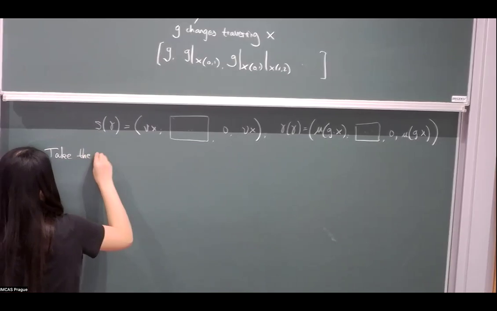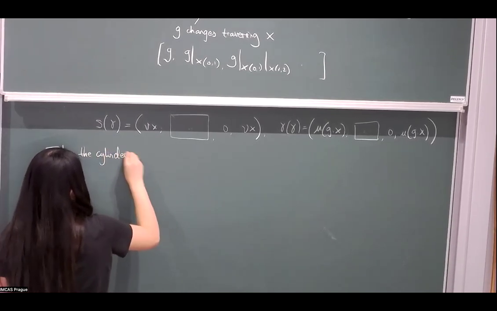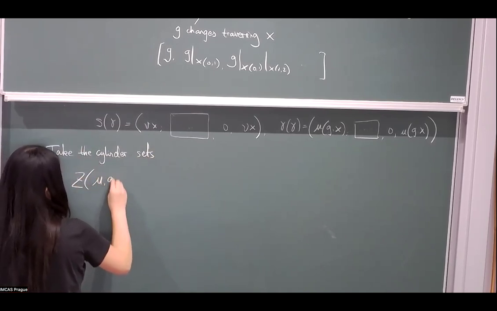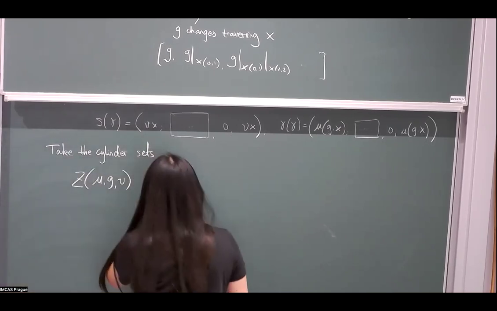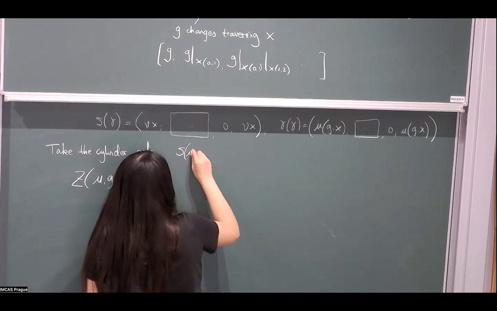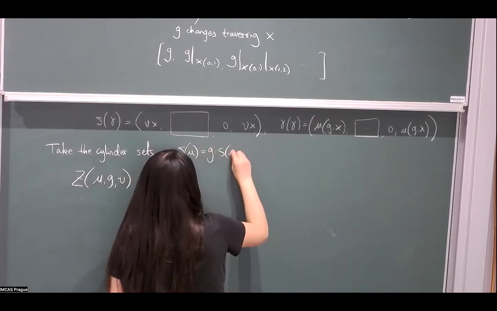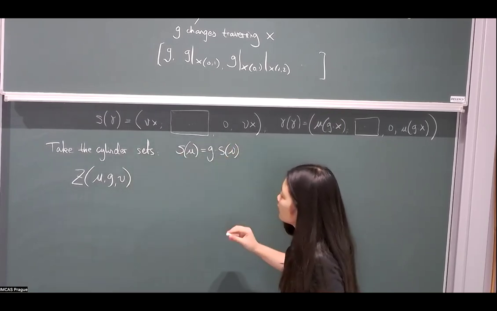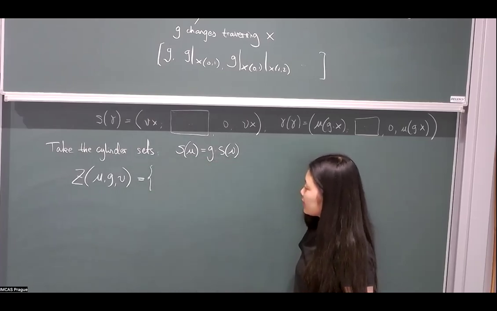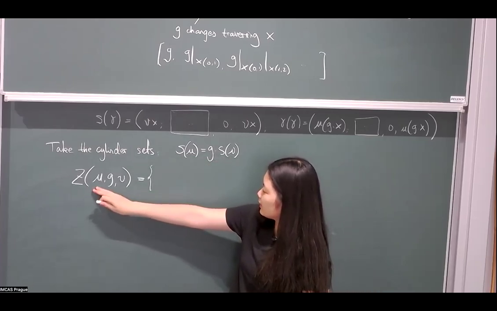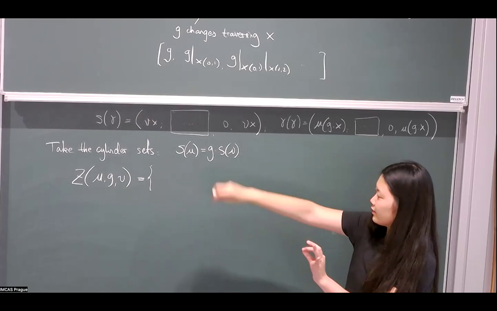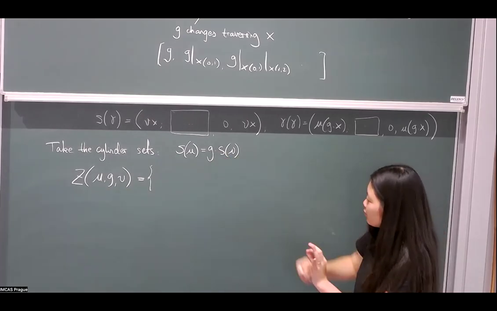Take the cylinder sets, and denote them by Z(mu, g, nu), where mu, g, nu satisfy the compatibility condition: source of mu equals G dot source of nu. So this set will contain those groupoid elements where you start with mu, and you look at what infinite paths follow this nu.